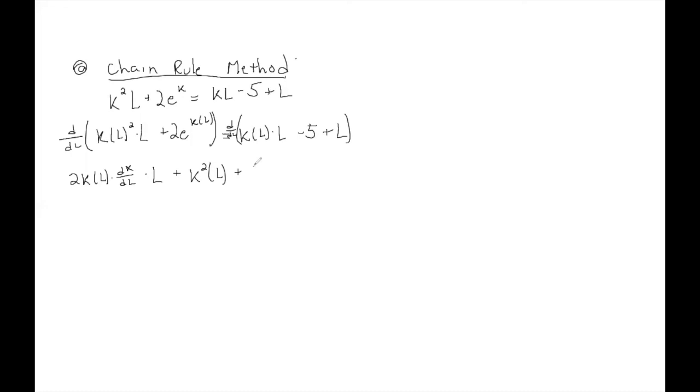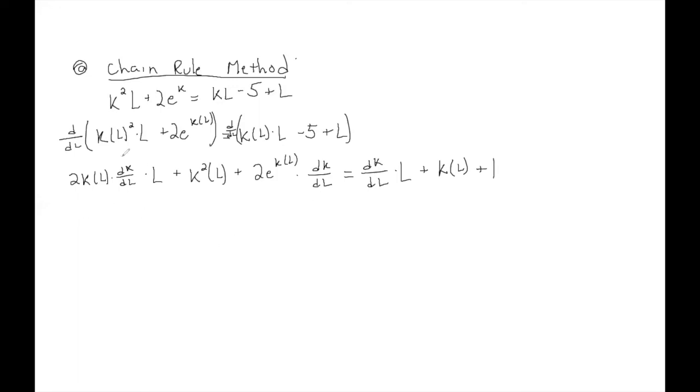Plus 2e to the kl times the derivative of the exponent equals, and I have another product rule, derivative of the first times the second plus the first times the derivative of the second, which again is just 1. Derivative of 5 with respect to L is just 0, and the derivative of L is 1.